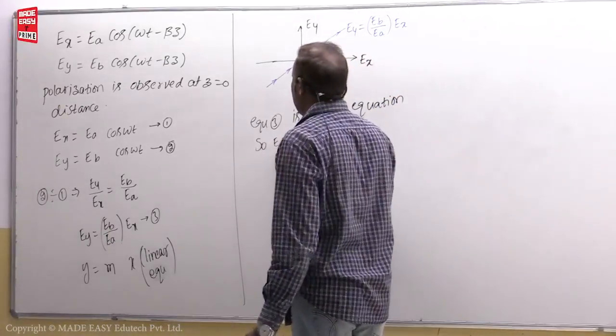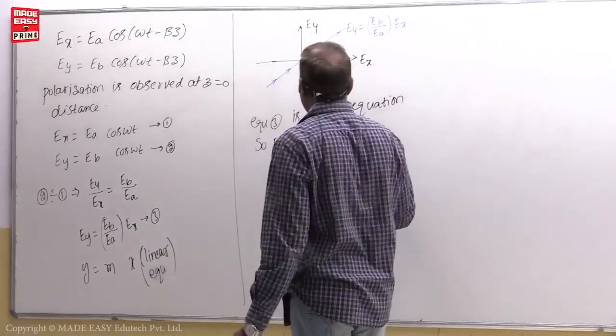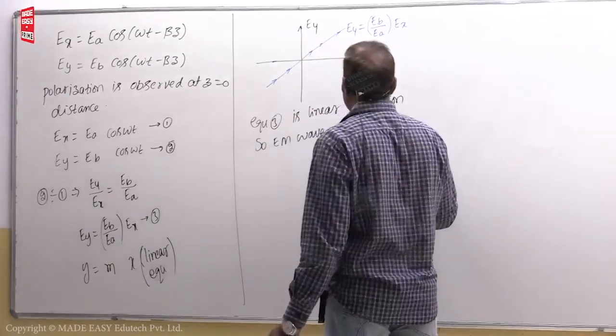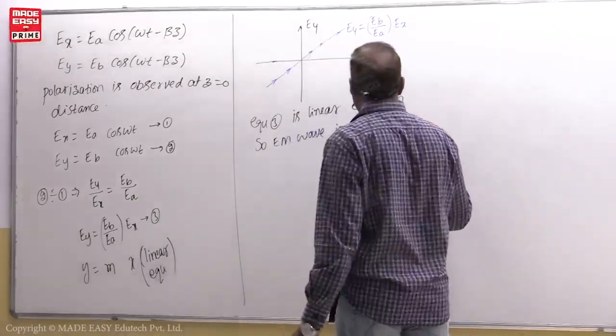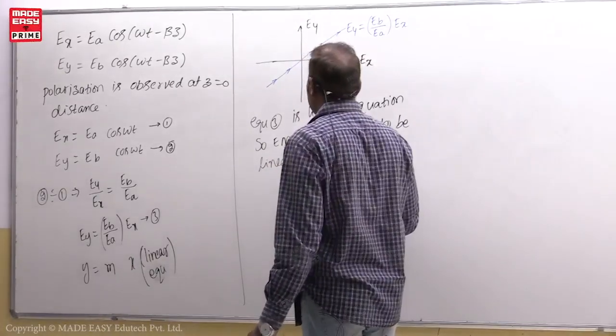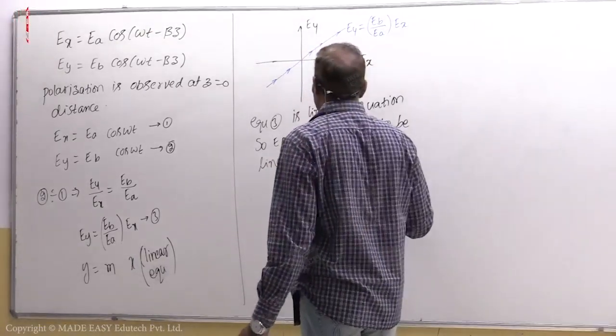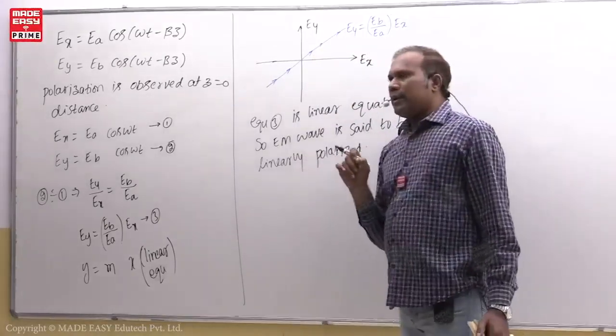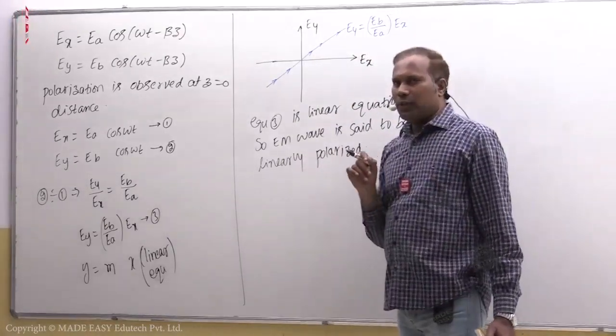So the EM wave is said to be linearly polarized. Dear students, I am going to discuss case 1, case 2, case 3, case 4, case 5.